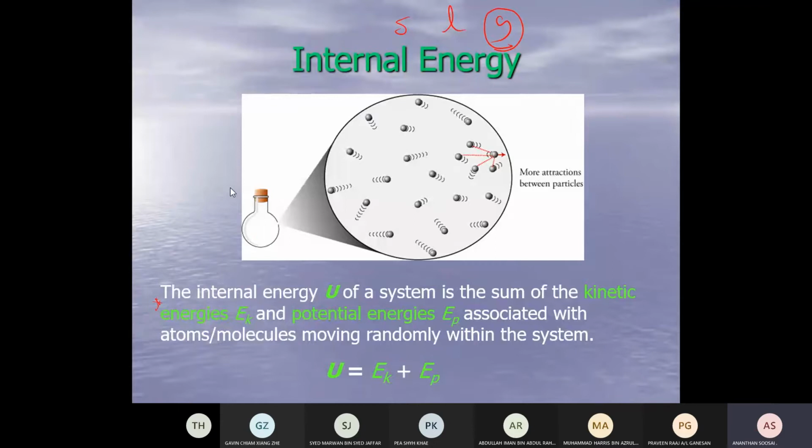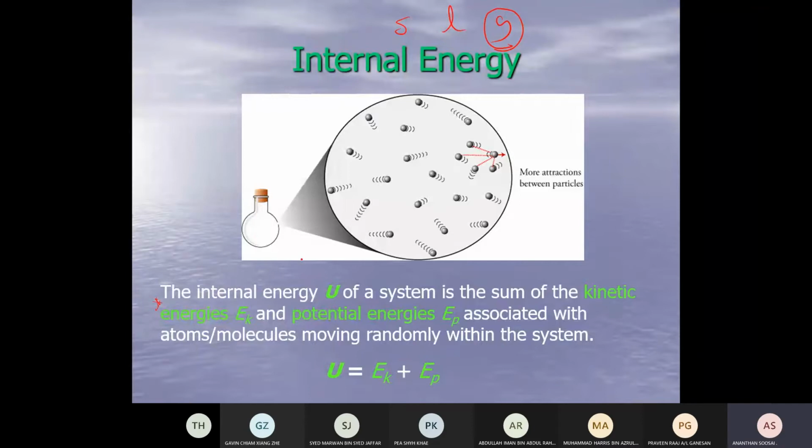The table's particles inside look like they're not moving, but in reality, the particles inside the table have some energy. At the microscopic level, they have some kinetic energy, and because each particle has intermolecular forces, they also have some potential energy.